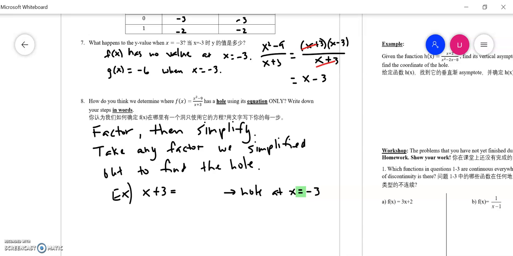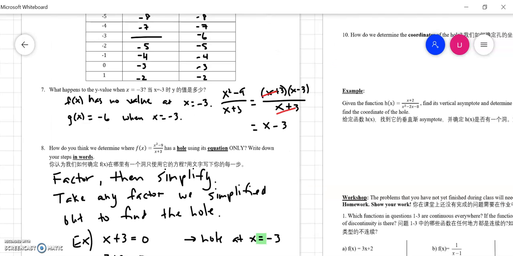What could this equal to create x equals negative 3? Well, if x equals negative 3, then we'll have negative 3 plus 3. What does that equal? That equals 0. So we need x plus 3 to equal 0, and that was the factor that we simplified.